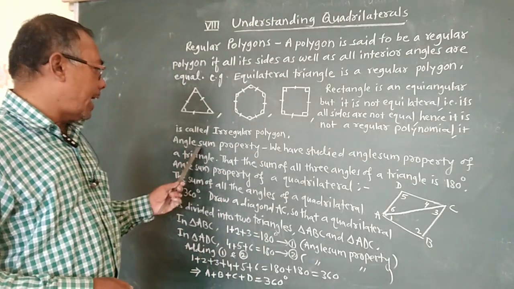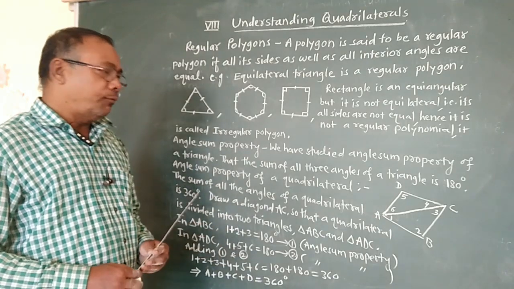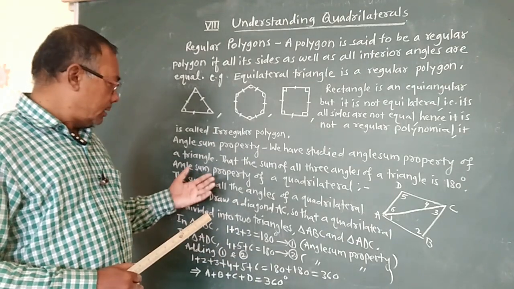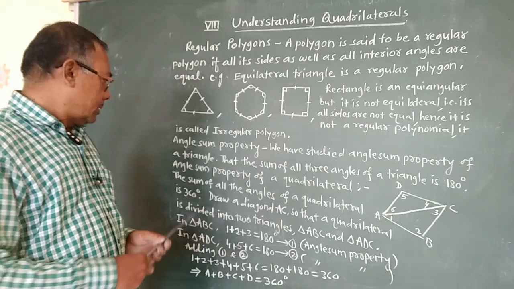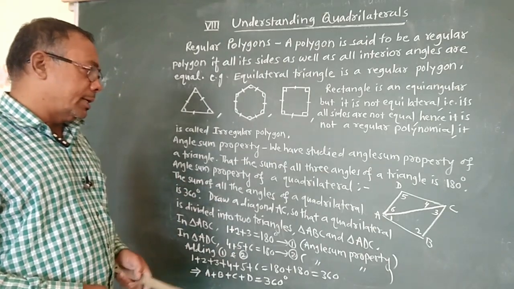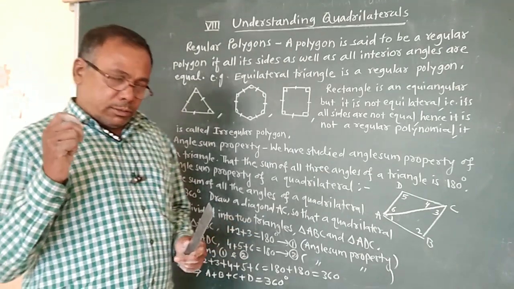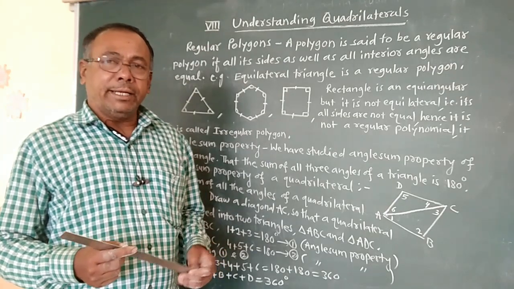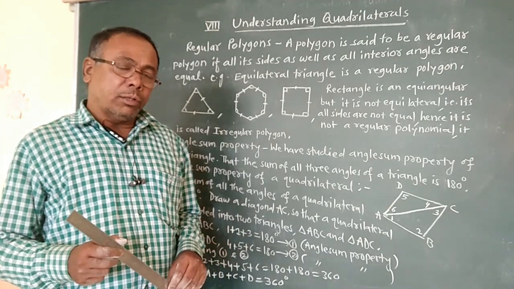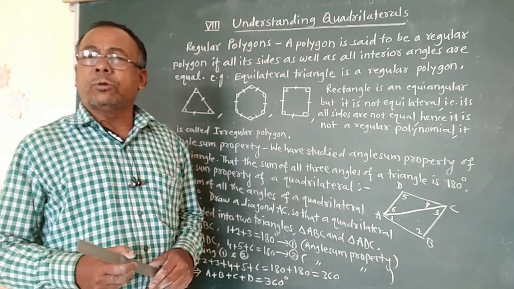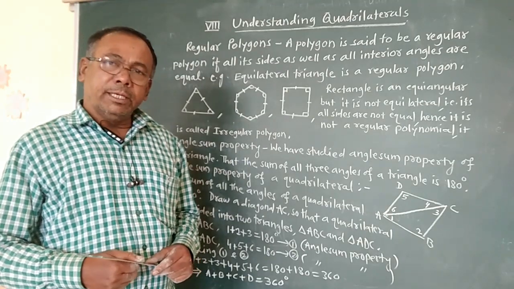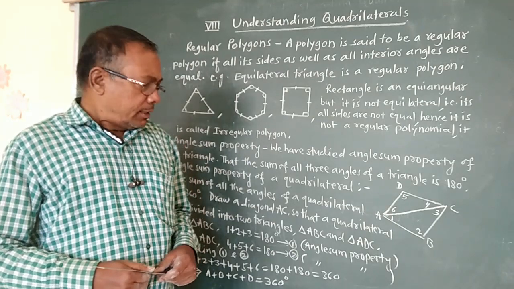Now we will see the angle sum property of a quadrilateral. The property states that the sum of all the angles of a quadrilateral is 360 degrees.